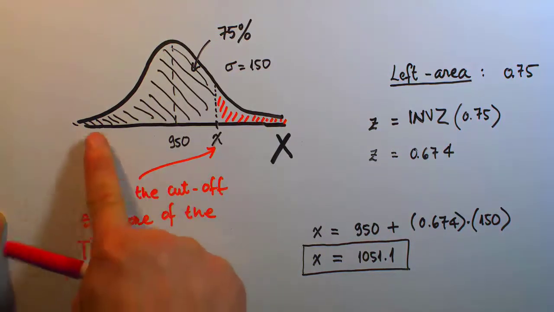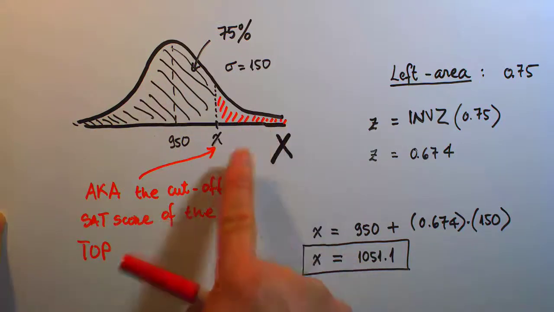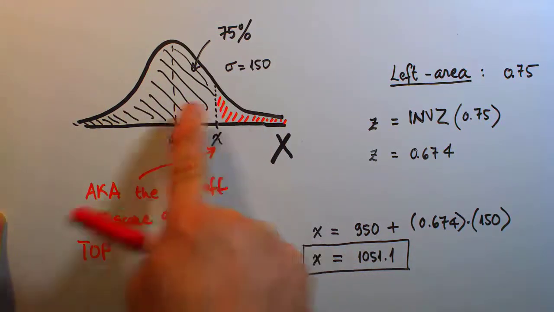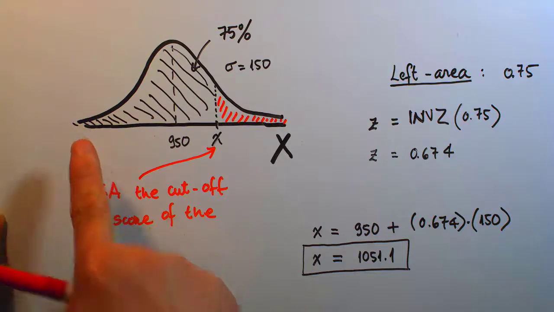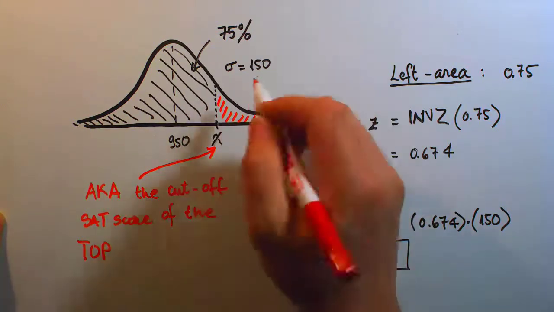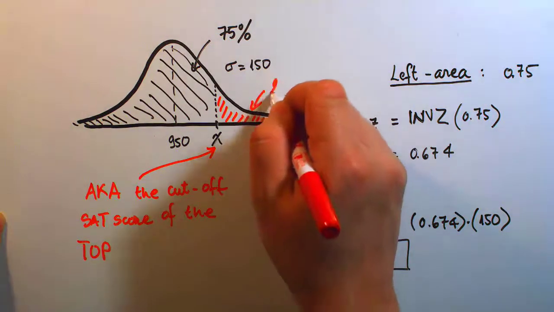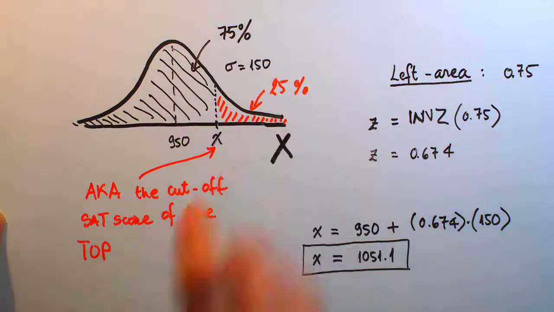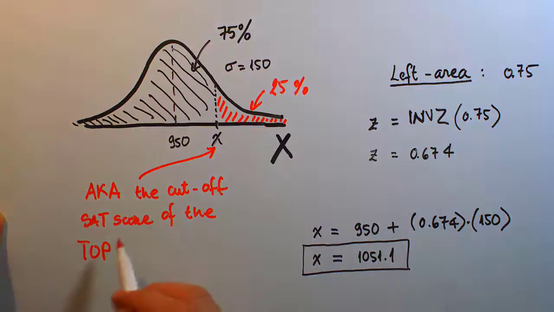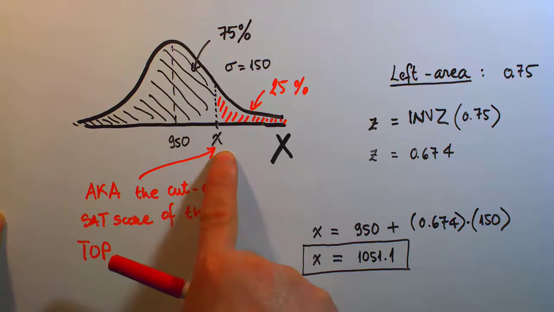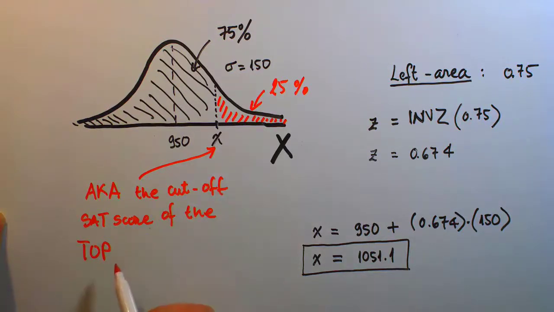Since the whole area of the curve here is 100%, and there is 75% of data shaded to the left, then the top must be just the other 25% of data that remains. Another name for this exact same location right here is the cutoff SAT score of the top 25%.